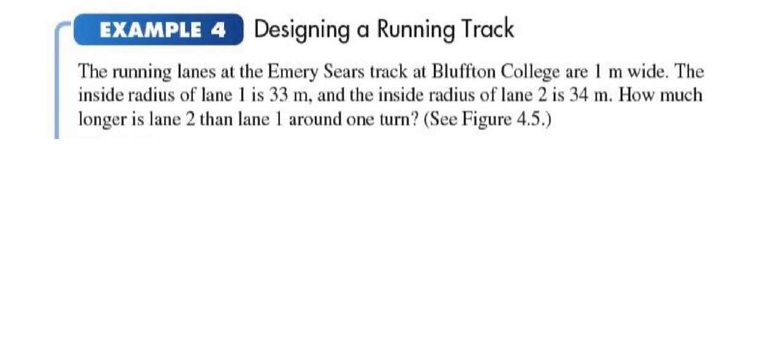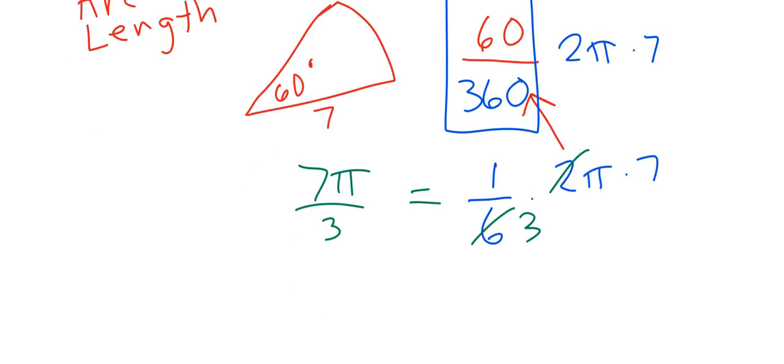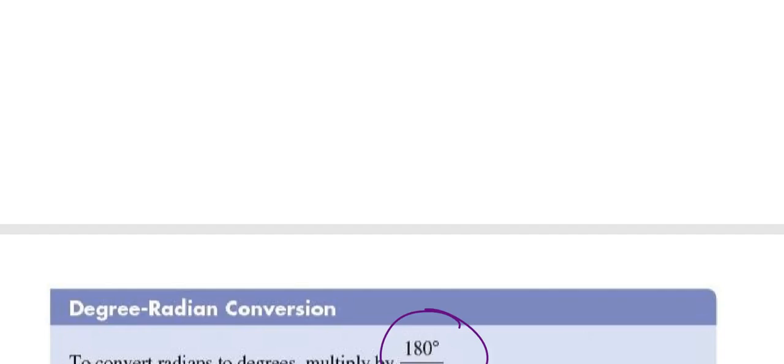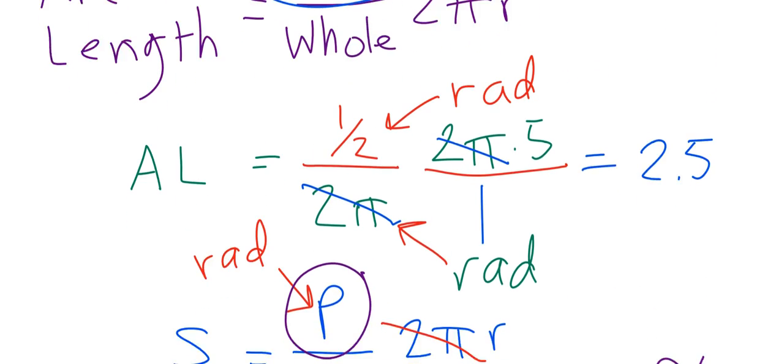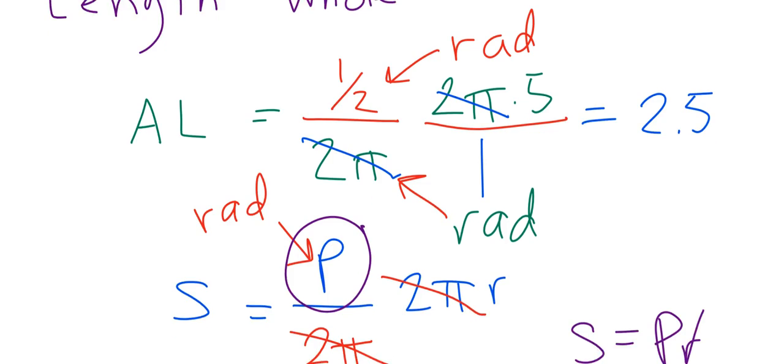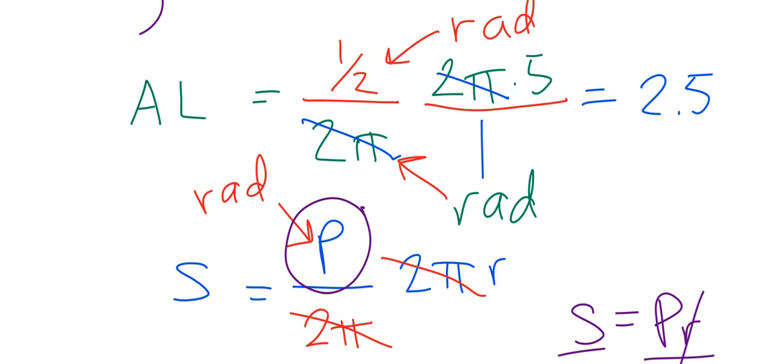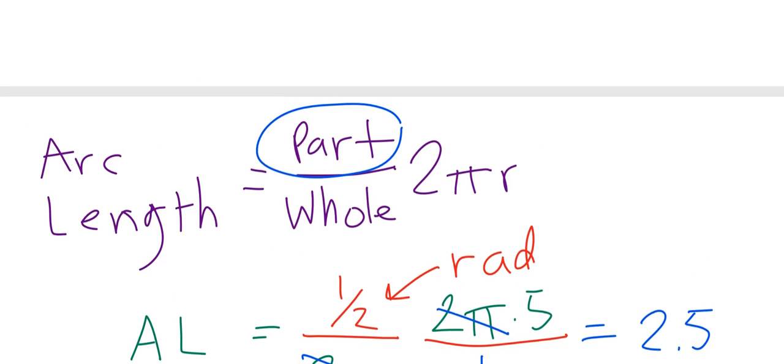I kind of have a similar question. On both of them, you use the 2 pi. The first one was 2 pi 5, and then this one was 2 pi 7. Do you always use the 2 pi? Yes, because of that arc length formula. We're dealing with the circumference of a circle, so it has to be a fraction of an entire circle.